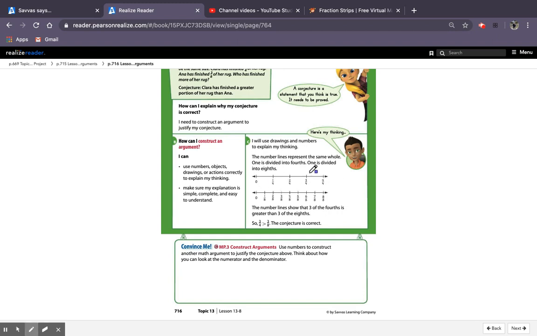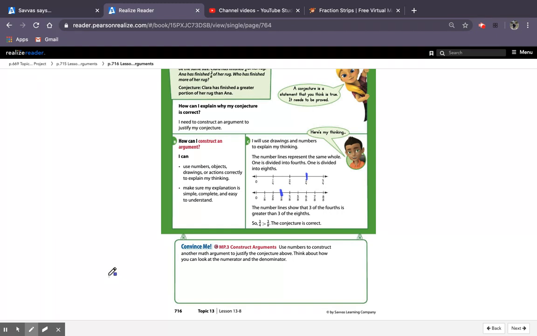So if we look here, this is where Clara is, and 3/8 is where Anna is. You can see on these two number lines, as they're compared with each other, that 3/4 is more than 3/8, and they use the little symbols here. Since 3/4 is greater than 3/8, the conjecture is correct, so her answer is correct.